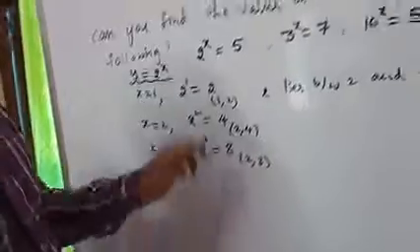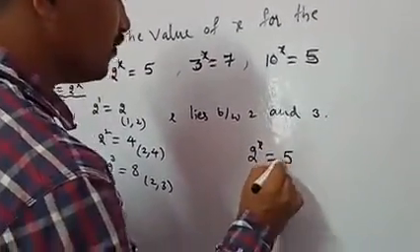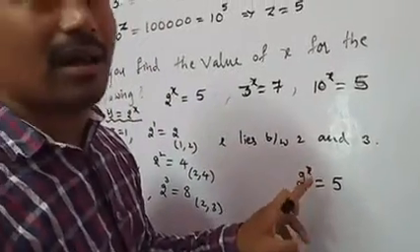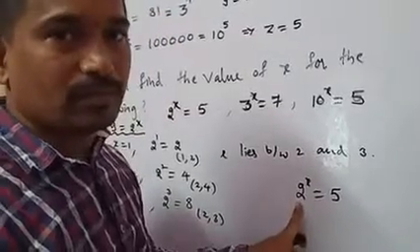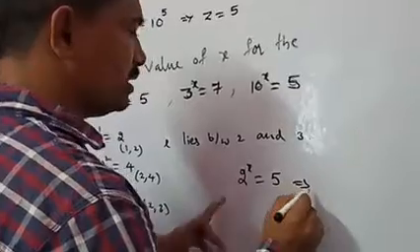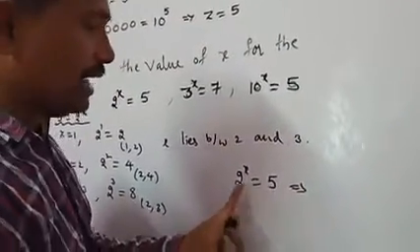Okay, see here, this value of x, 2 power x equal to 5. Here the value of x is called logarithm of 5 base 2. Here we can say logarithm of 5 base 2.